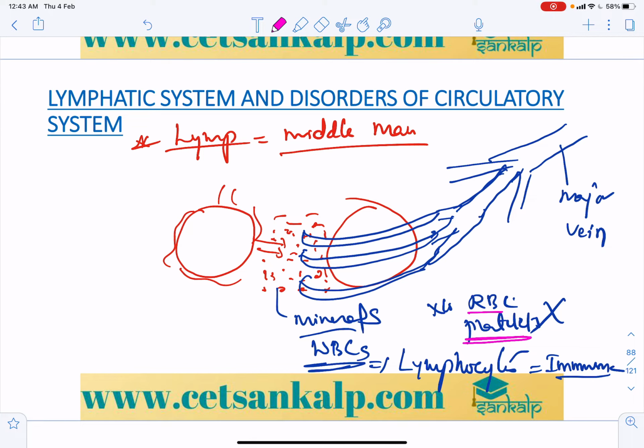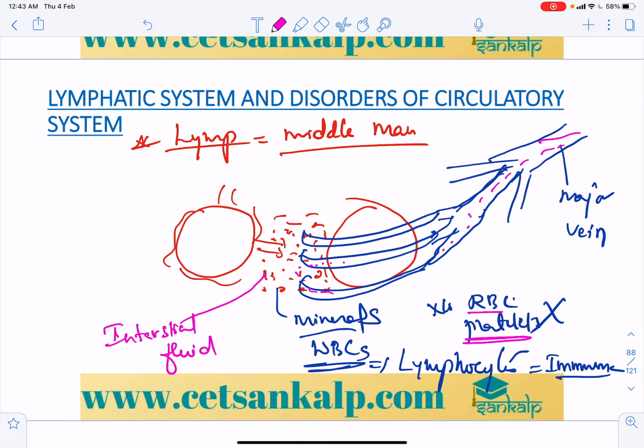And next, the interstitial fluid is collected by the capillaries, and that is drained through the lymph vessels to the major vein. That is why it is called the middleman of the body.